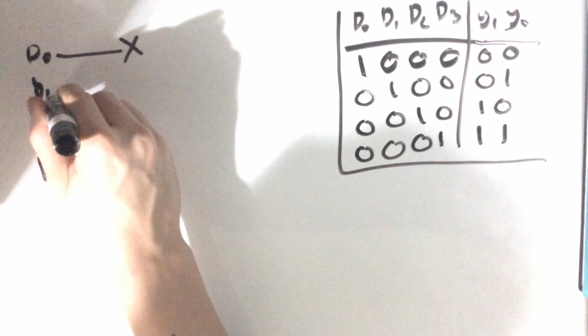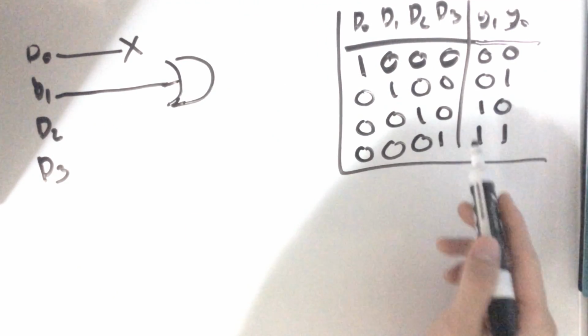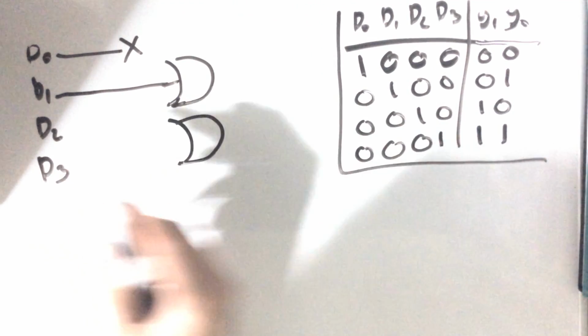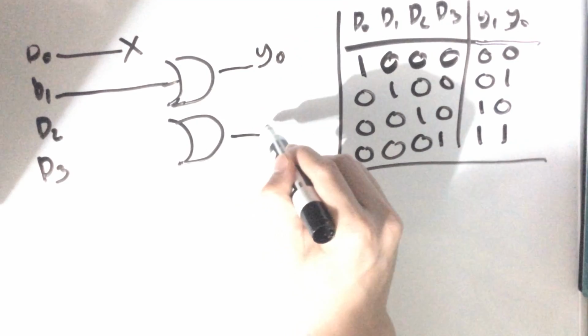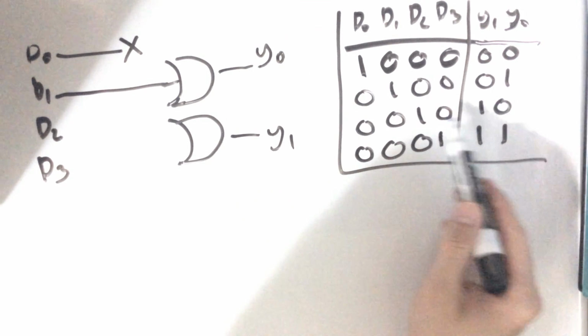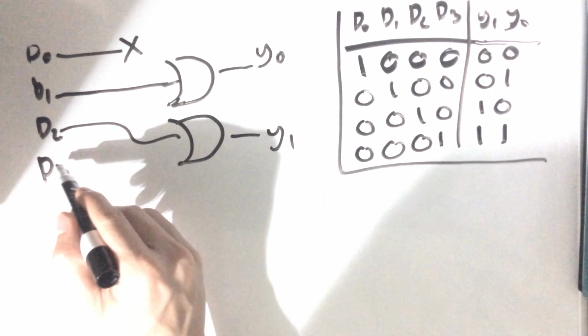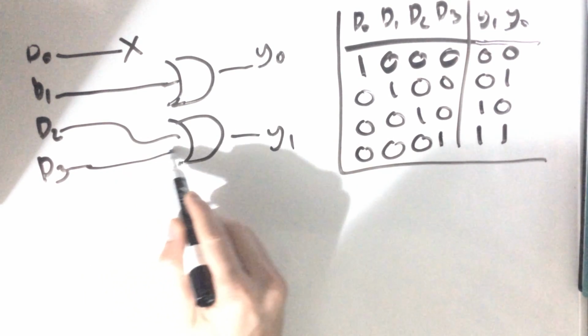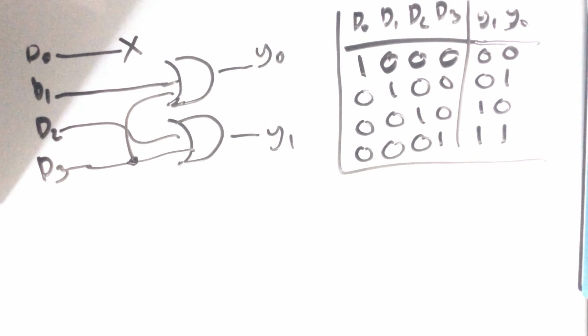Now D1 is going to be connected to an OR gate right here, and there's going to be another OR gate. We're going to label these Y0 and Y1, and D2 is going to be connected to Y1. And we look at D3: when D3 is set, it's going to be connected to Y1 and Y0. And this is what we call a 4-to-2 encoder.